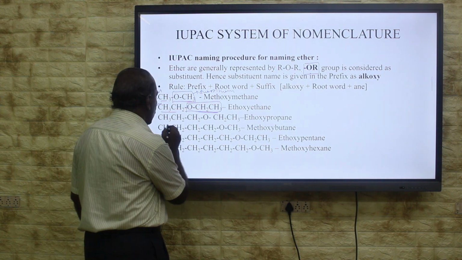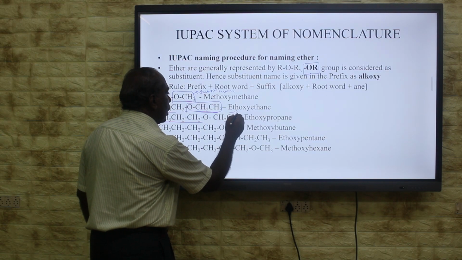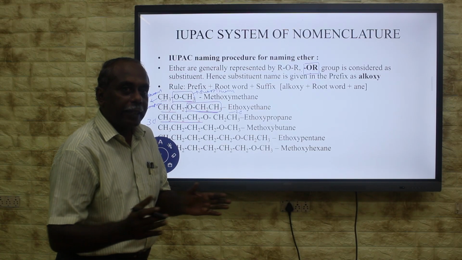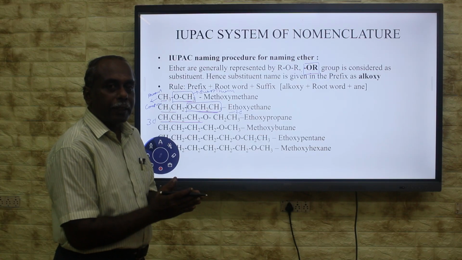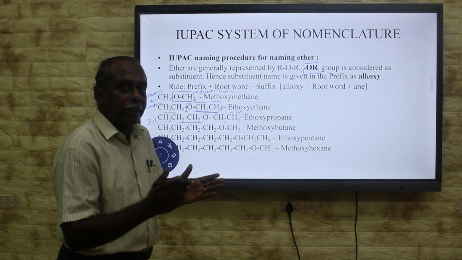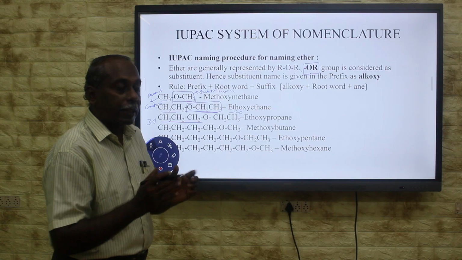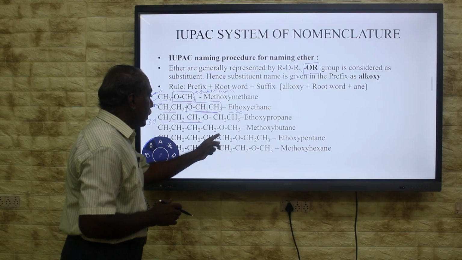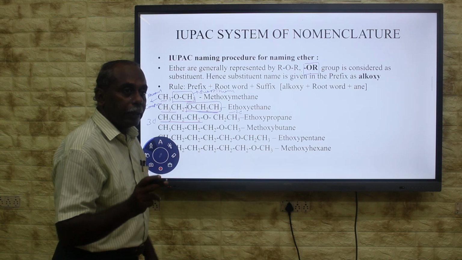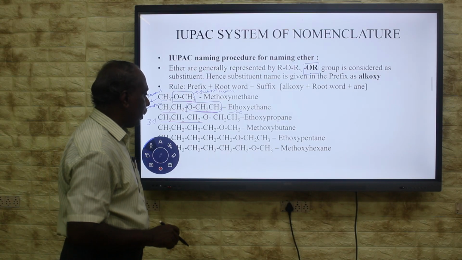In the third case, one side has 3 carbons and the other side has 2 carbons. The side with fewer carbons is combined with the oxygen, and you get ethoxy. The side with more carbons is considered the parent compound, and that number of carbons is given in the root word. Here it is ethoxy, 3 carbons, prop. You add A and E, since there is a single bond, so propane: ethoxypropane.